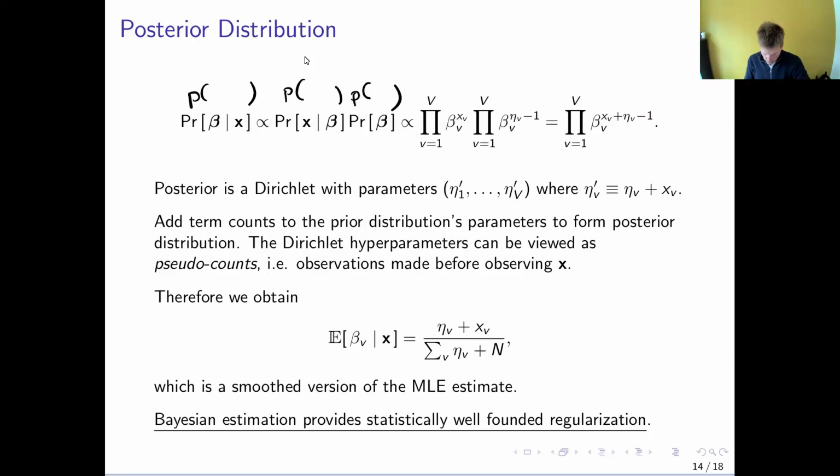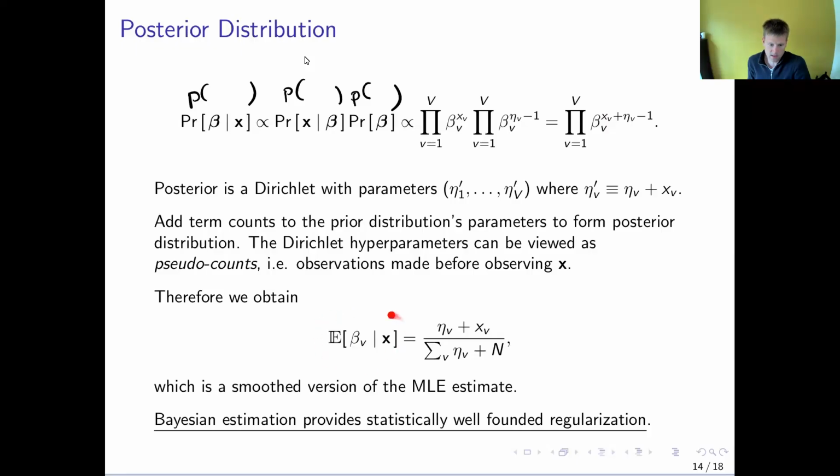Okay. So I guess the punchline is, if I want to form a Bayesian estimate of the probability of seeing the Vth term, I could use the MAP estimate or whatever.